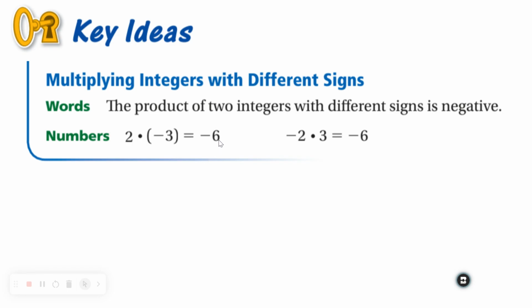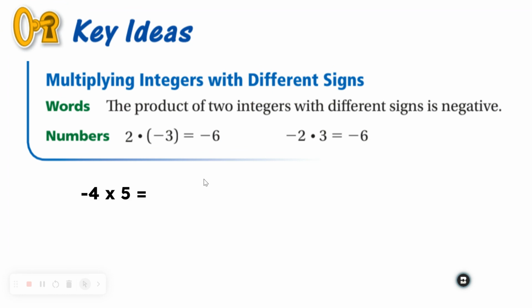That means my answer is negative. I'm still just doing 2 times 3 and getting my 6, but the sign is determined by what the signs look like in the initial problem. Positive times a negative gives you a negative. Negative times a positive, also a negative. So if something is negative, your answer is negative.